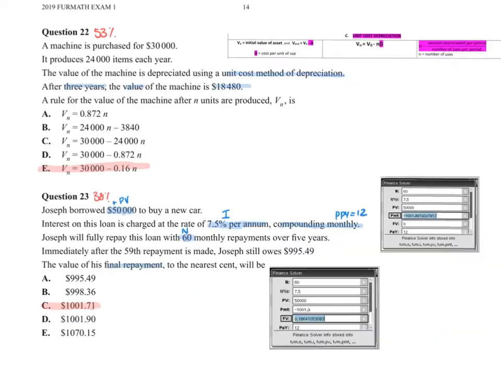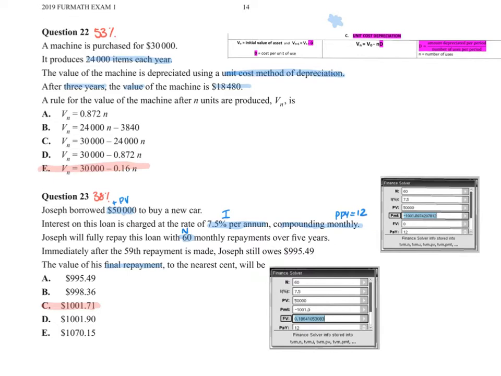Okay, a machine is purchased for 30,000. It produces 24,000 items per year. Just remember that's each year. The value of the machine depreciates using the unit cost method. So once you see unit cost, I want you to have handy your unit cost formula on your finance summary sheet.